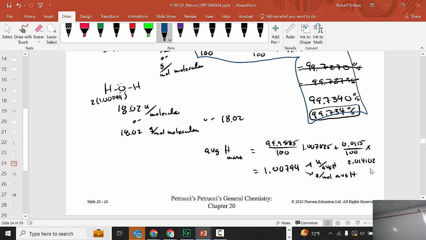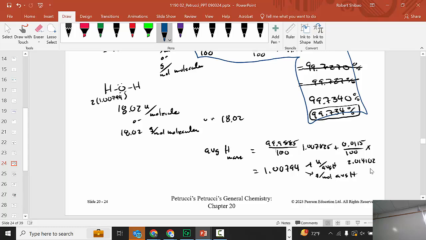Now, because of the definition of the mole, we could use either units here. So for example, if I have 18.02, the two units that I can associate with this number are U per molecule, or atomic mass units per molecule, or grams per mole of molecules.